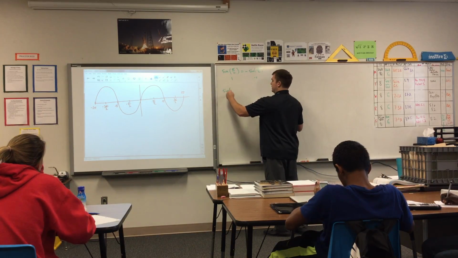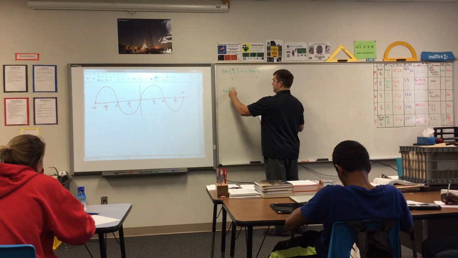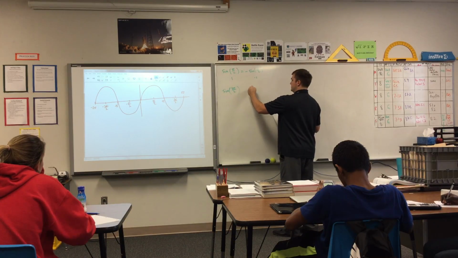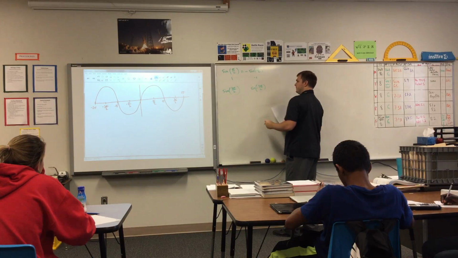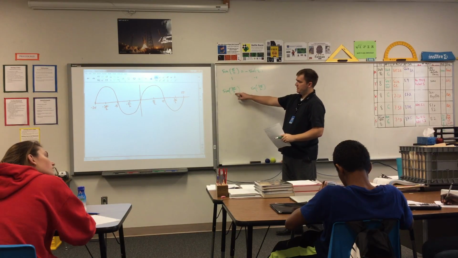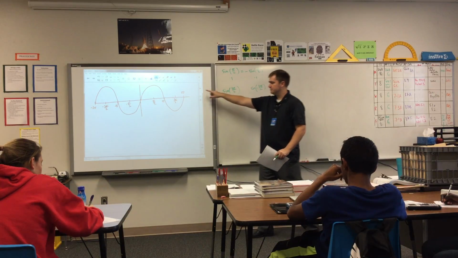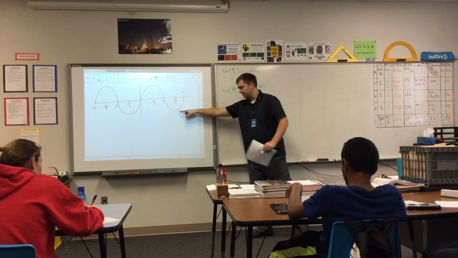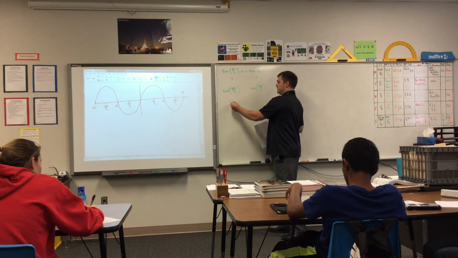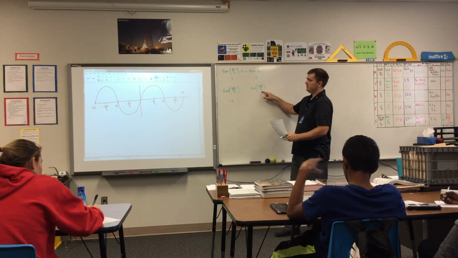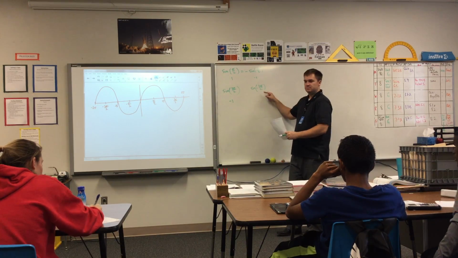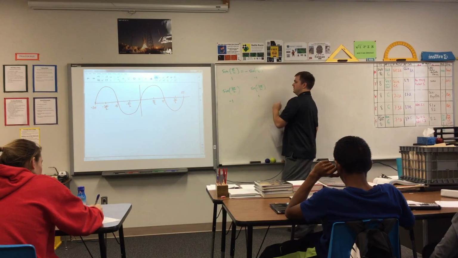What about the sine of 3 pi over 2 versus the sine of negative 3 pi over 2? What's the sine of 3 pi over 2? Negative 1. Okay. What's the sine of negative 3 pi over 2? Positive 1.